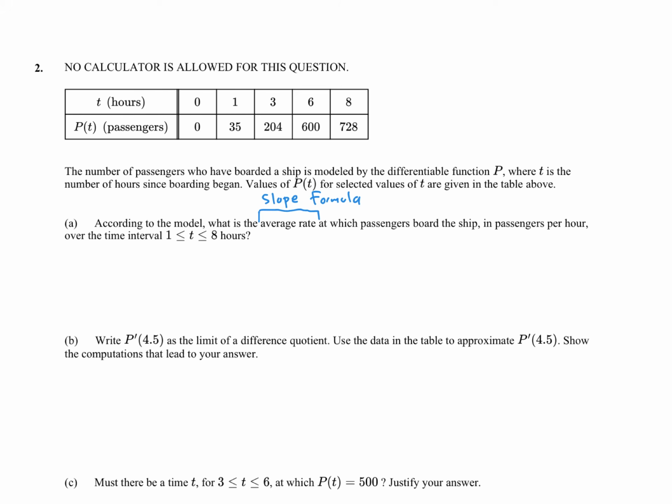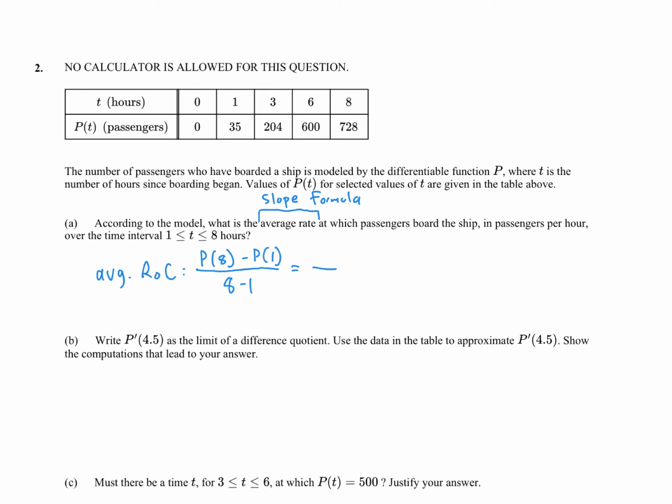This is not calculus, not derivatives, this is just f of b minus f of a over b minus a. Our function is p, so this is really p of 8 minus p of 1 over 8 minus 1.